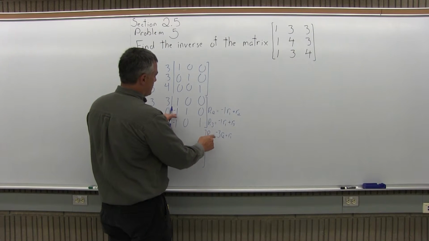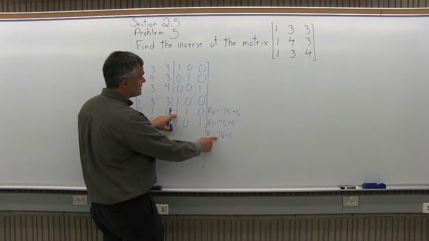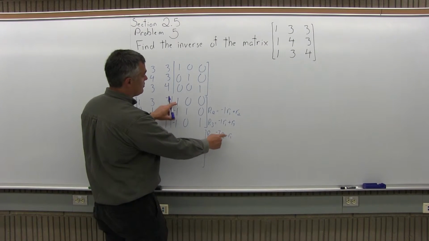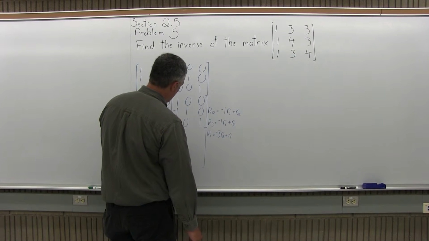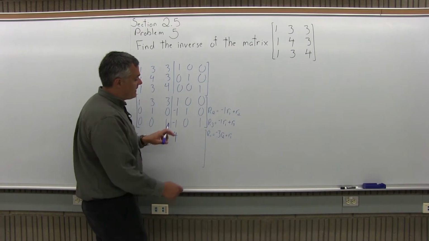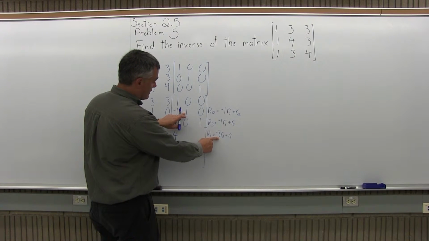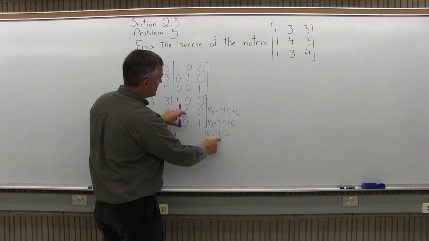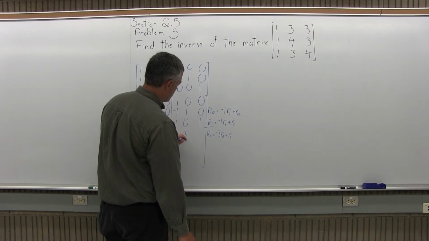And then next, I'm going to do negative 3 times row 2. Negative 3 times negative 1 is positive 3 plus row 1. So positive 3 plus positive 1 is positive 4. And then next, negative 3 times row 2 is negative 3 times 1. That's negative 3 plus row 1. So negative 3 plus 0 is negative 3.